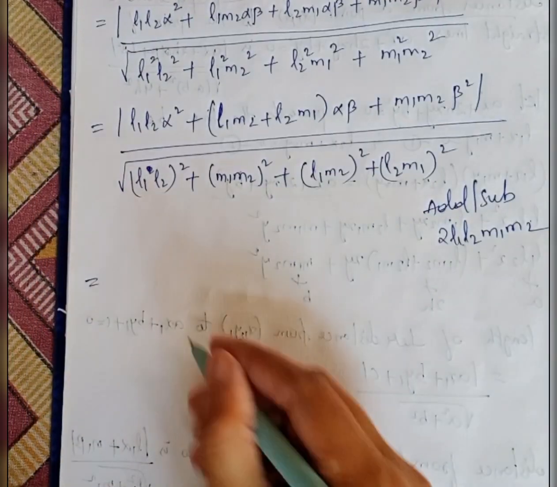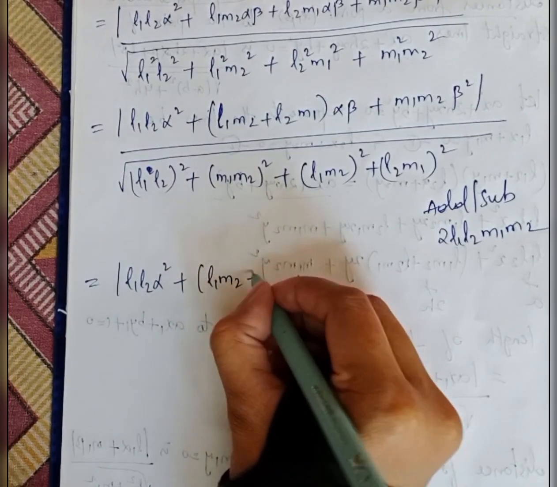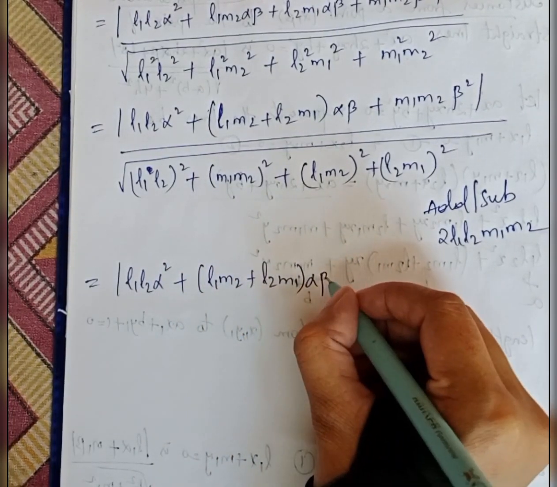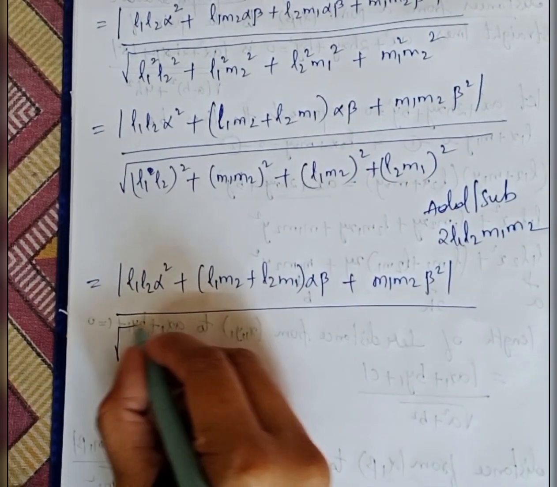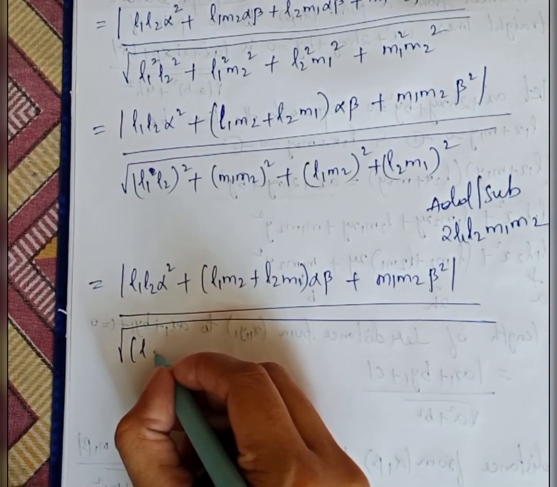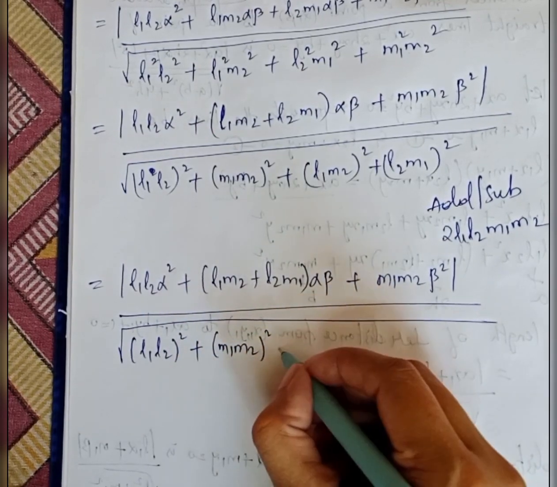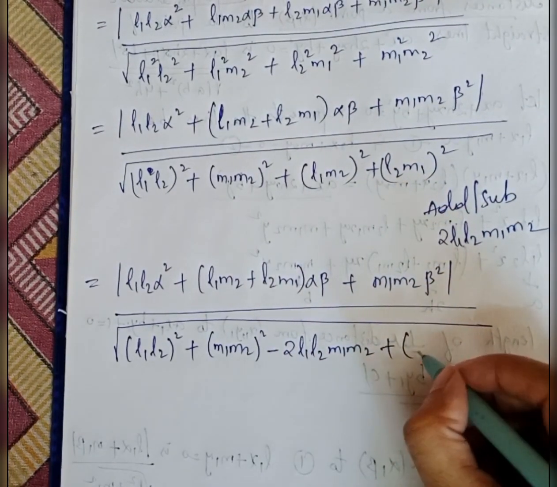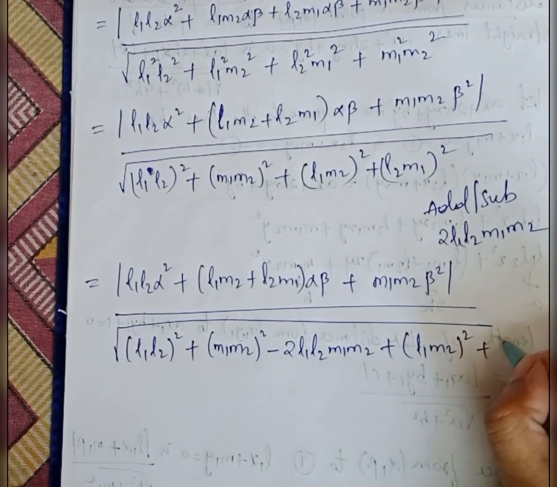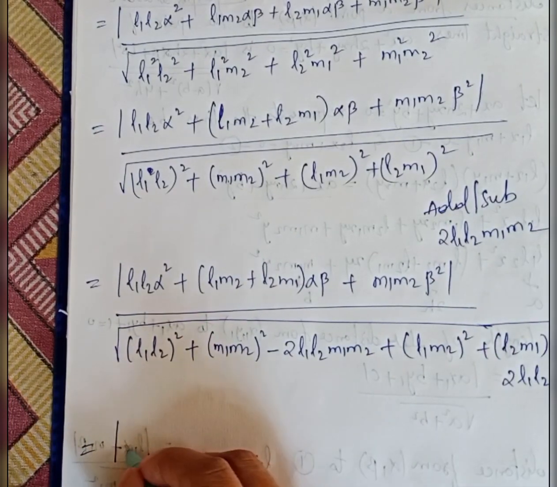So it is |L1 L2 alpha² + (L1 M2 + L2 M1) alpha beta + M1 M2 beta²| by root of (L1 L2)² + (M1 M2)², here subtracting 2 L1 L2 M1 M2, plus (L1 M2)² + (L2 M1)² plus 2 L1 L2 M1 M2. Okay, so numerator as it is.